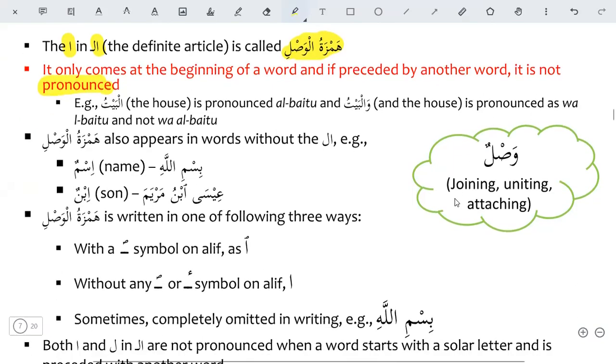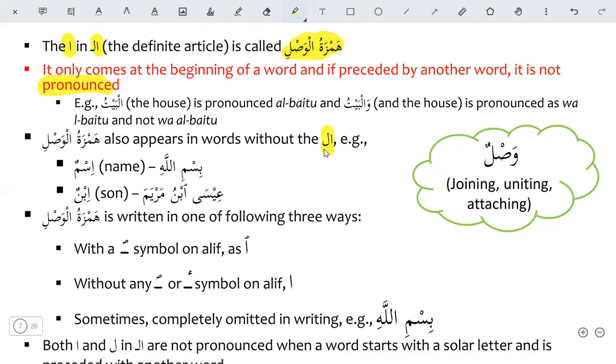How do we not pronounce it? Hamzatul wasl can also appear in a word without alif lam, even though in a sentence there is no alif lam.